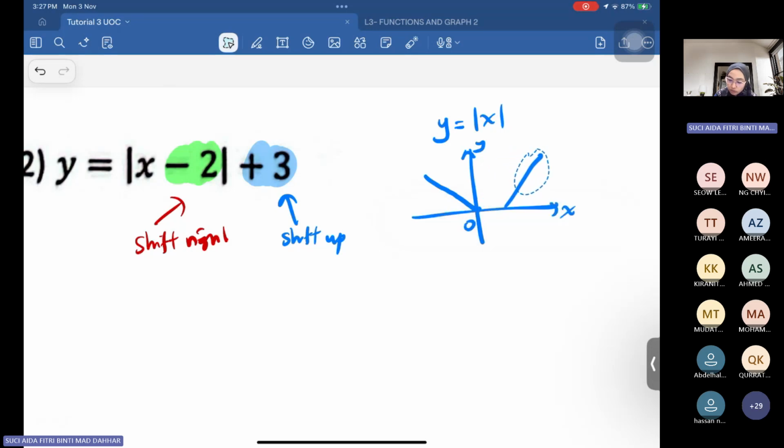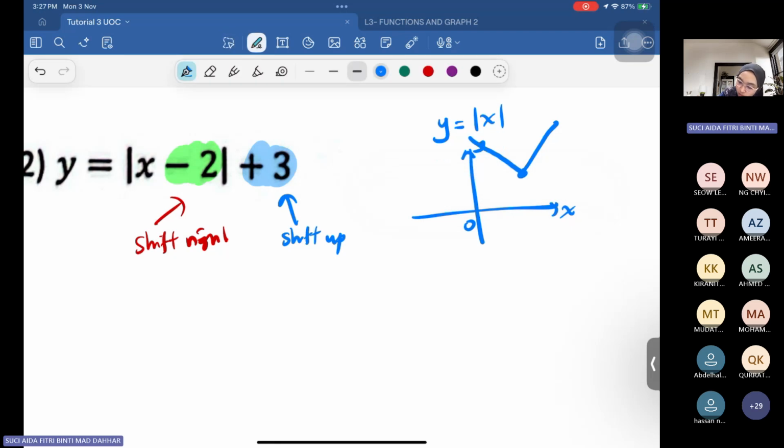Okay, so I'm going to move this to the right by 2 unit. So from 0, it goes to +2 and then up 3. Similarly, this side, move to the right by 2 unit and then goes up by 3. So it goes here. And this point, now it was 0, 0 just now. It's now goes to 2, 3, isn't it?